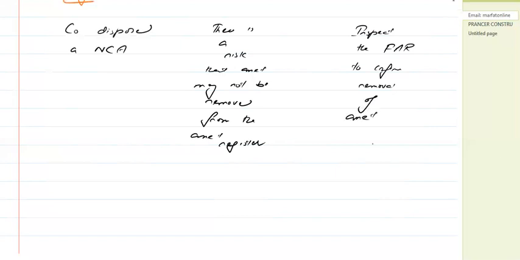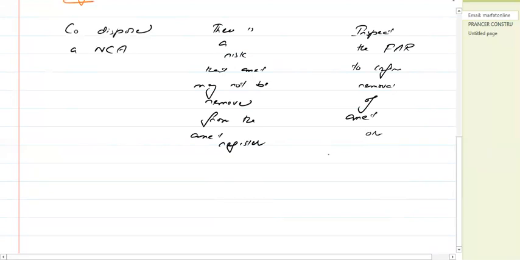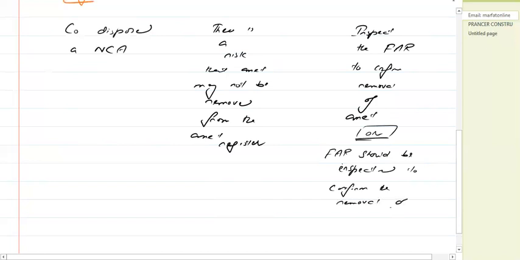Or you can write this response in this way as well: the fixed asset register should be inspected to confirm the removal of the asset. Now, you can write the response in two ways.